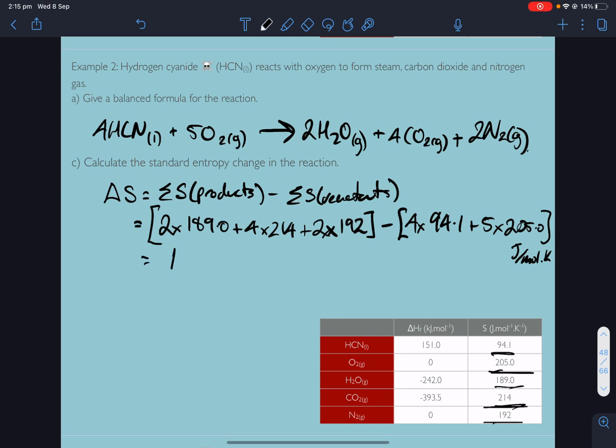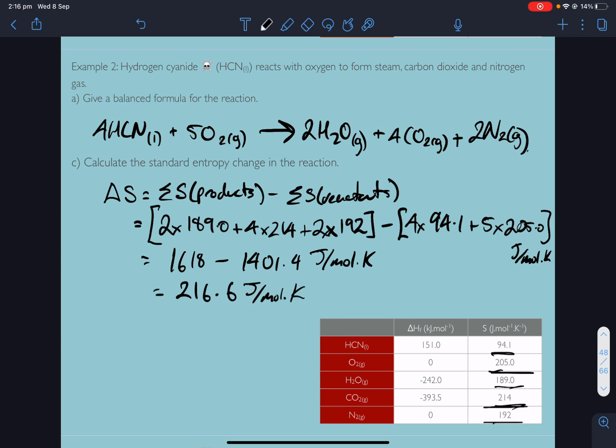I'm going to just write my number down. 1618 minus, what is 4 times 94.1 plus 5 times 205, 1401.4 joules per mole per Kelvin. So 1618 minus 1401.4, 216.6 joules per mole Kelvin.